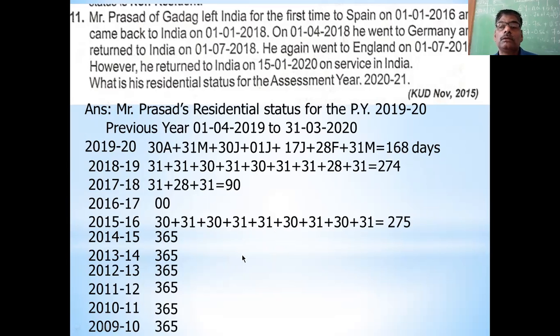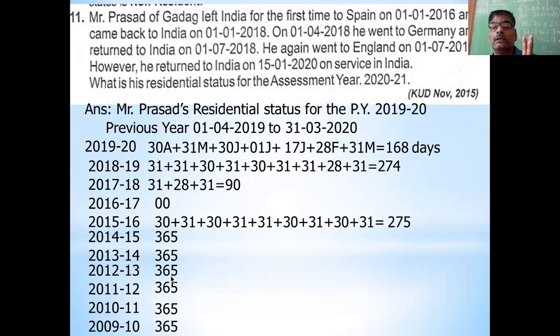Subsequent conditions are 2. One is, out of 10 years, he must be resident of India for at least 2. You see here, 1, 2, 3, 4, 5, 6. 6 years he is resident of India. Our requirement is only 2. First subsequent condition satisfied.